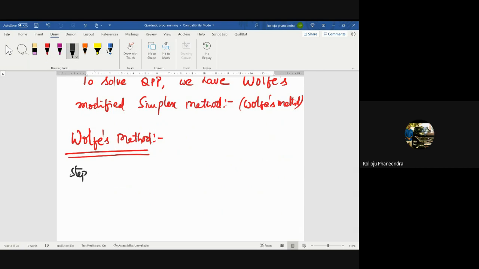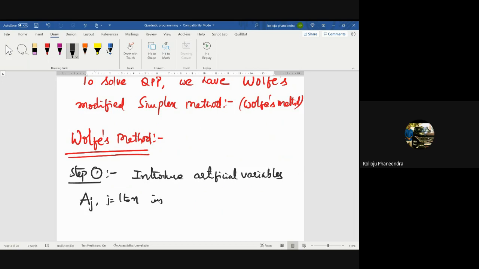Step 1 is to introduce artificial variables aj, j equal to 1 to n, in the first Kuhn-Tucker conditions.